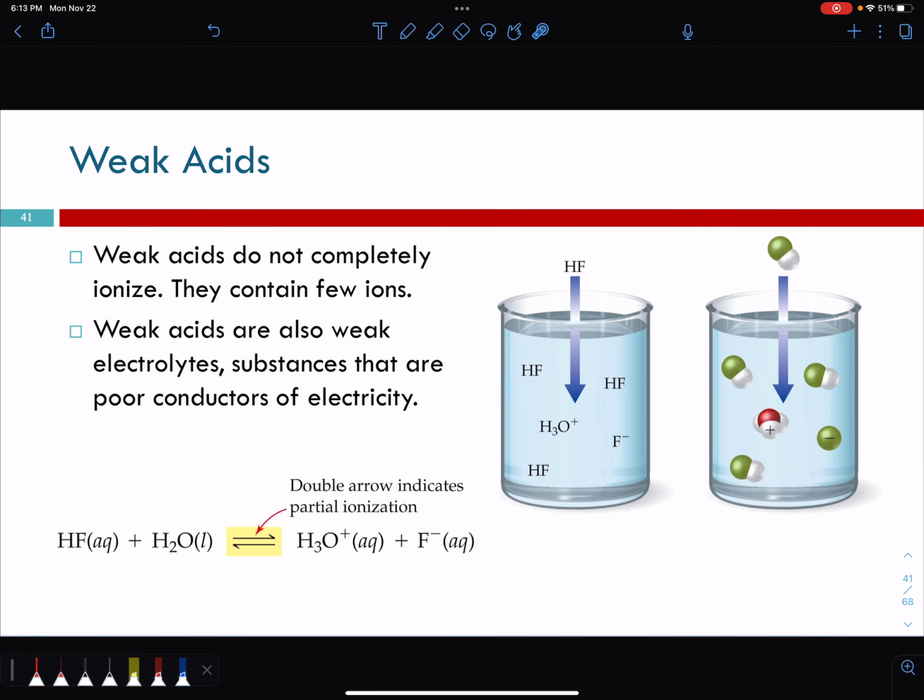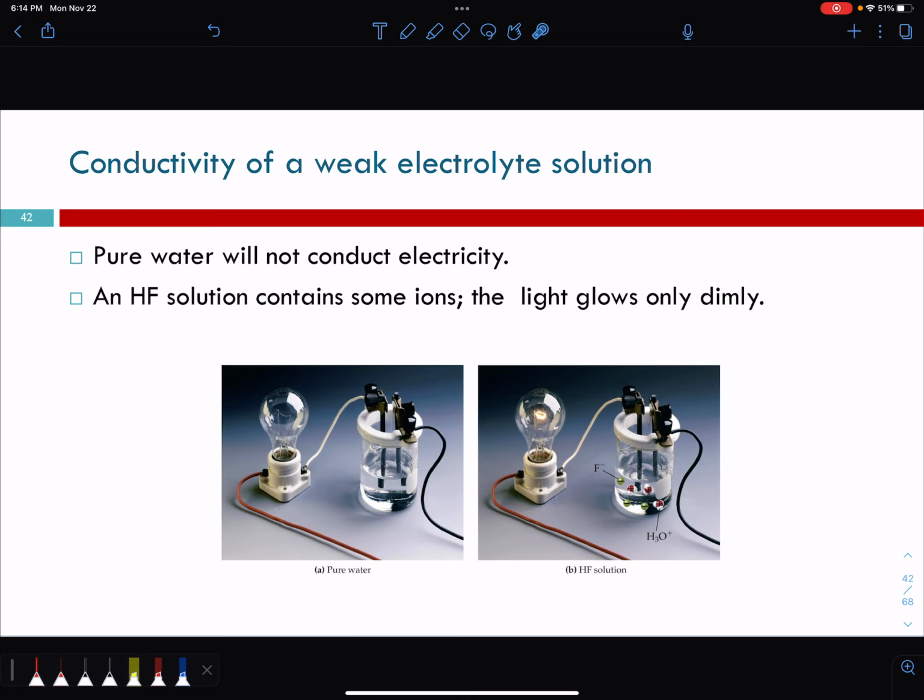Weak acids, though, when you add them into a solution, they weakly ionize. So there's only a few of them, and you get a little bit of that fluoride ion. That's why we use this double arrow, which indicates partial ionization. We'll talk more about that in chapter 15. They're also weak electrolytes, including acetic acid. Pure water doesn't conduct electricity, but a hydrofluoric acid solution, or any other weak acid, should conduct electricity a little bit.